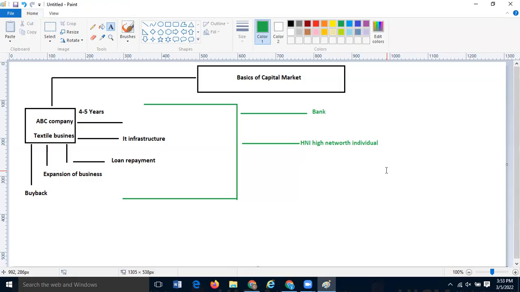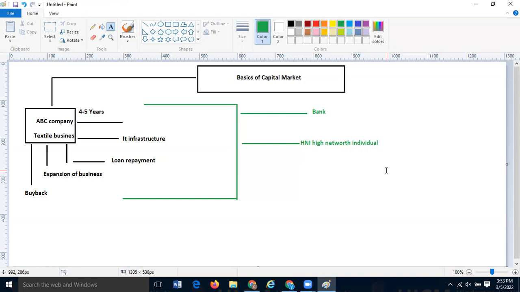So they will become the stakeholders of the company. There are various people who give money to various companies and become stakeholders in those companies. In the same way, he can go to an HNI and say, I have some business needs and want to expand my business, just give me money so that I can start my work.